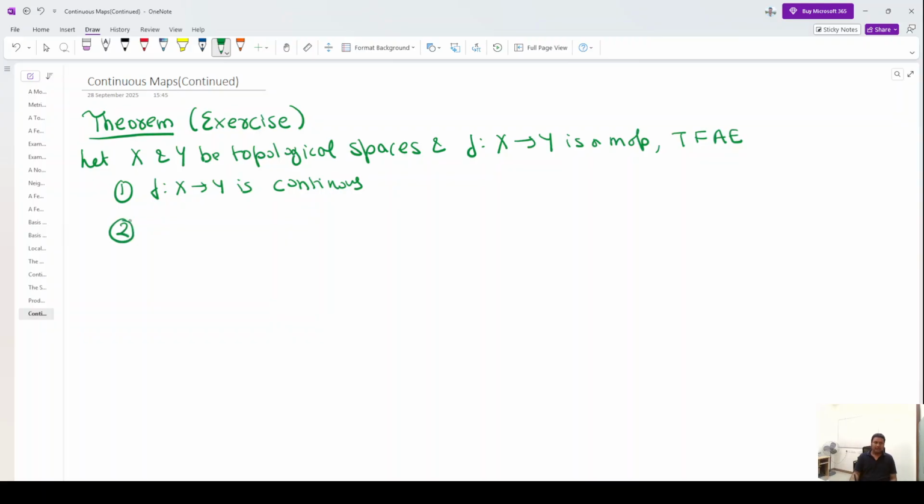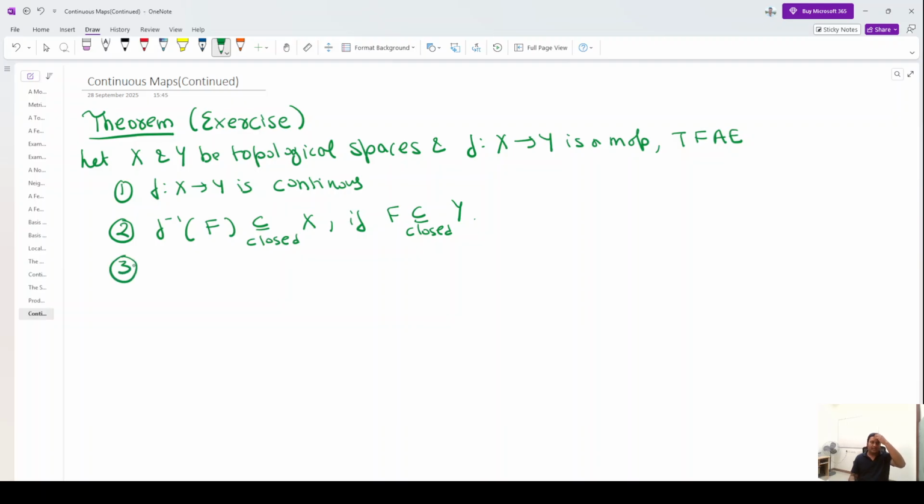Number two, f inverse of F is closed in X if F is closed in Y. So basically, the inverse image of any closed set is closed. That's an equivalent condition, and I think you can deduce this very easily.